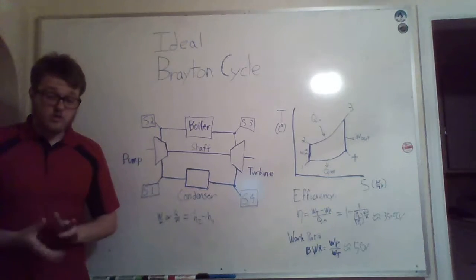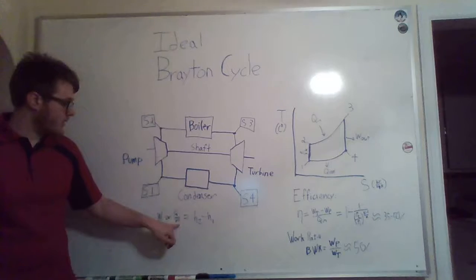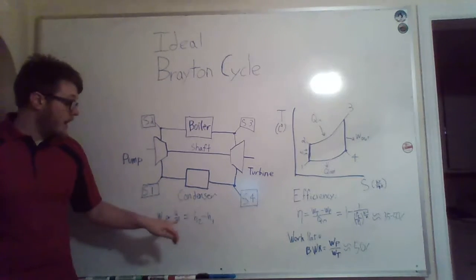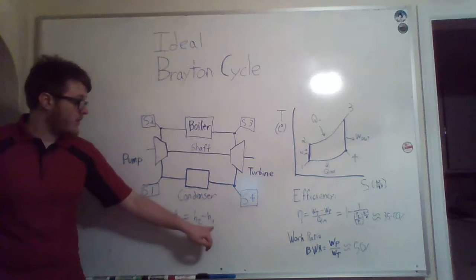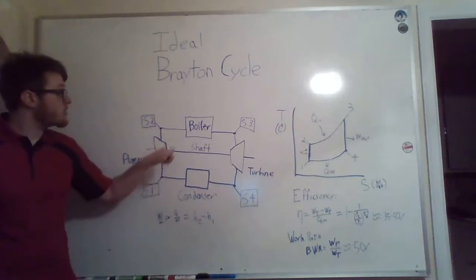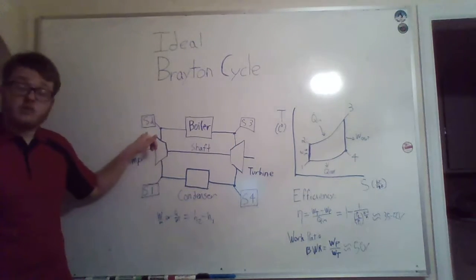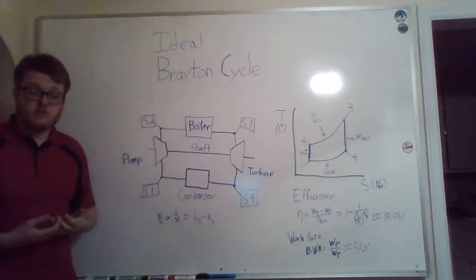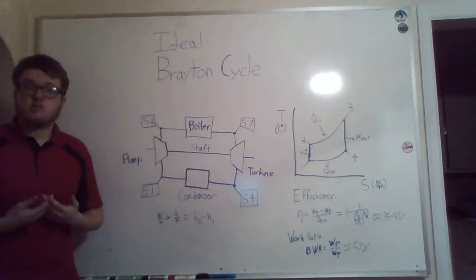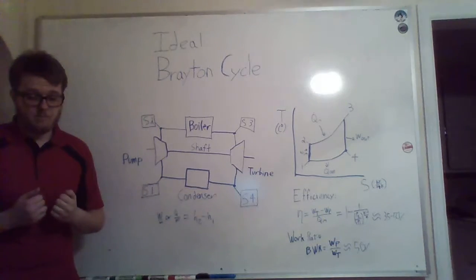So the general equation to find the work of our device, or the heat entered into our device, is the enthalpy of our second state minus the enthalpy of our first state. So for example, take this boiler. We take the enthalpy of state 3 and subtract from it the enthalpy of state 2. That'll give us how much heat enters the system. Now, if your value comes out negative, that means either the heat or the work is leaving the system.